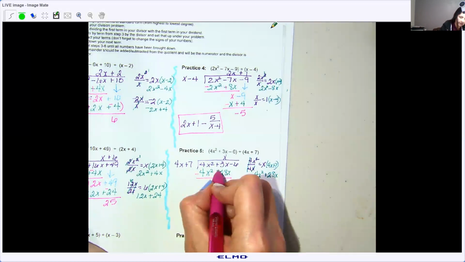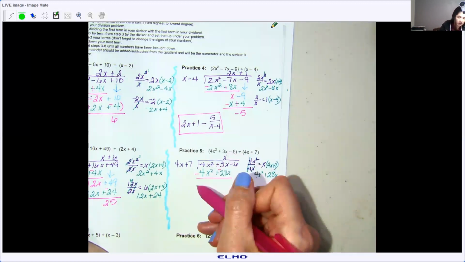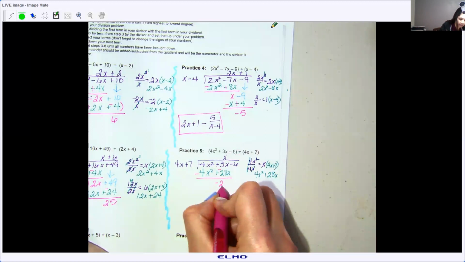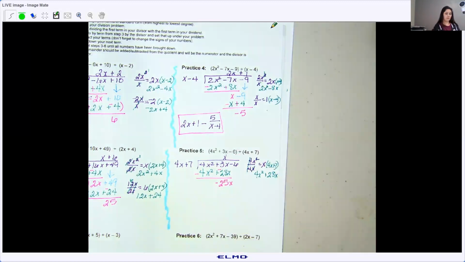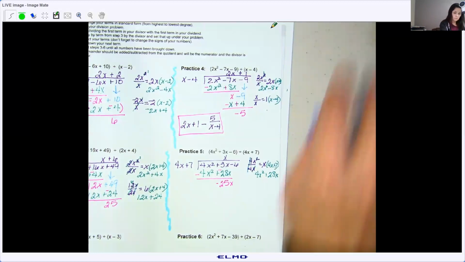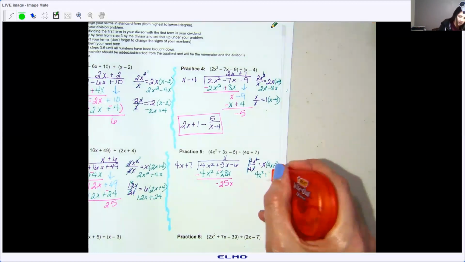Now I'm going to subtract. I'm going to change my signs. These cancel out, and this becomes a negative 25x. 3 minus 28 is a negative 25. Then I bring down. That's not right. Oh, I'm sorry. x times 7 is not 28.